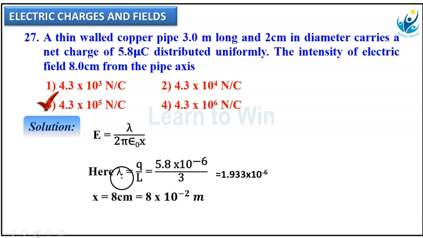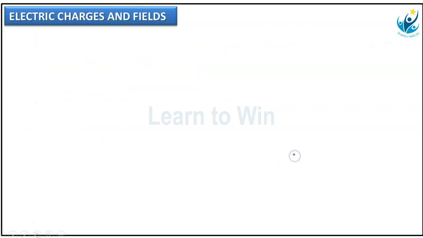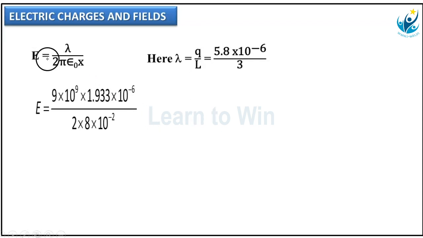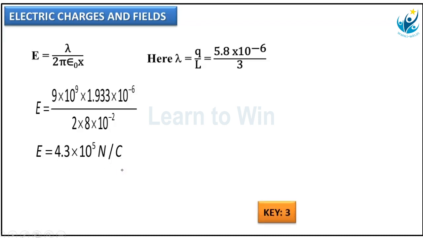This x and lambda substitute in the formula E equal to lambda by 2 pi epsilon naught x, and lambda is Q by L, which is this value. All the values substituted in this equation. E equal to 1 by 4 pi epsilon naught. For adjustment, the value is 9 into 10 power 9 into this value. In further simplification, we get 4.3 into 10 power 5 Newton per coulomb. Option 3 is correct.